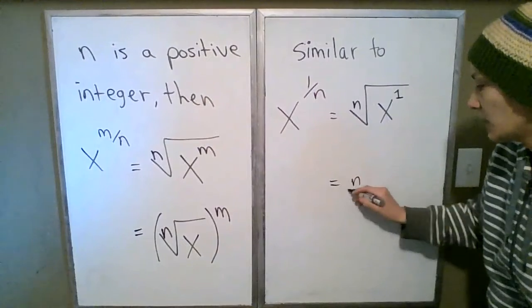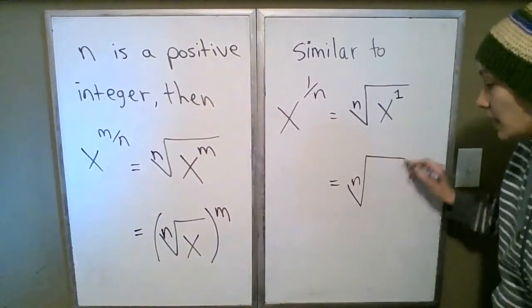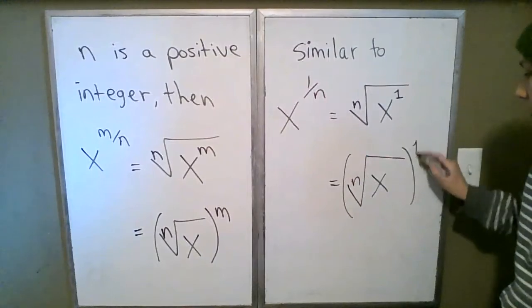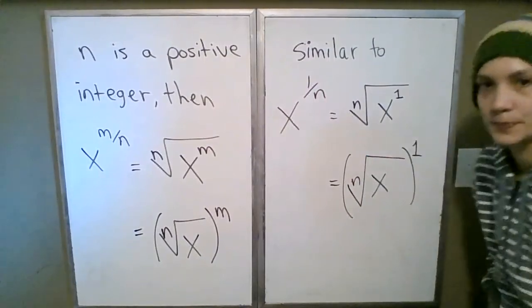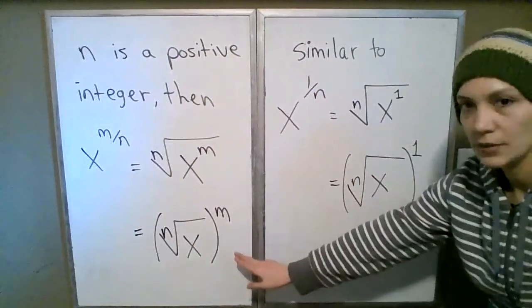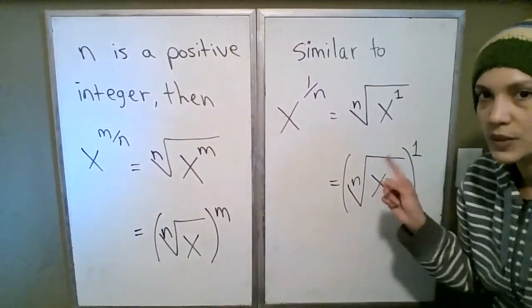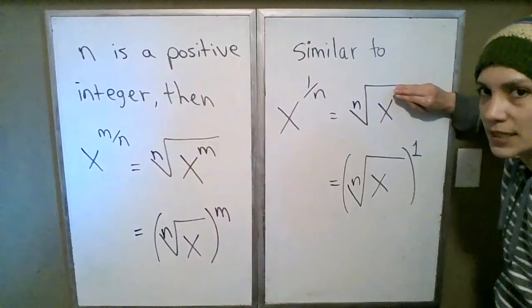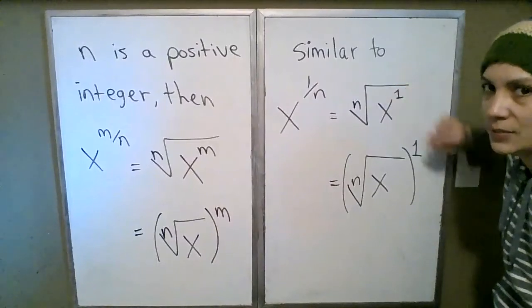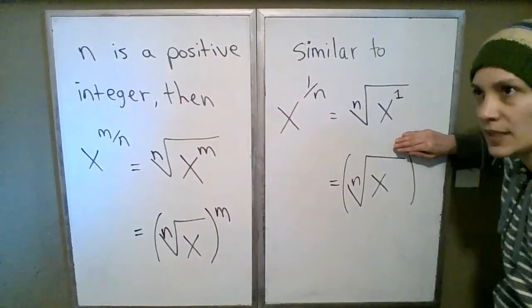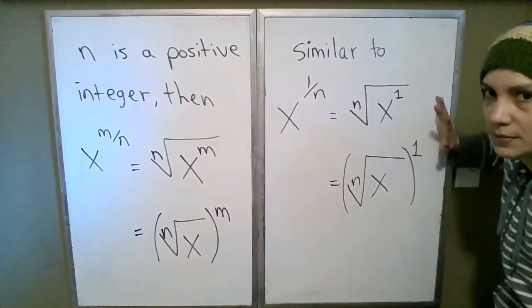Keep n as your root, the value in the denominator, and then x, and this all has a power of 1. So this matches that result right there. But when we wrote it in our last class, we left out the power of 1 because x to the first is still x. Same for this part. We left off this power 1, since the nth root of x to the first is still the nth root of x.